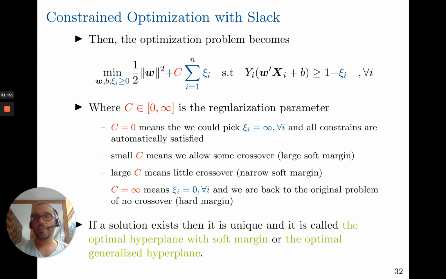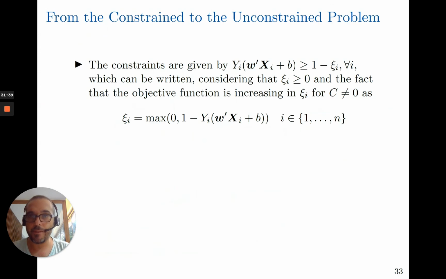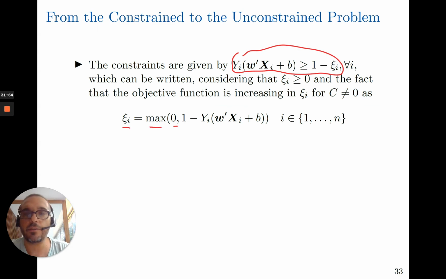So if a solution exists, then it's unique, and it's called the optimal hyperplane with soft margin, or the optimal generalized hyperplane. The constraints are now given by this expression, and we can define xi as the maximum between 0 and the classification error.